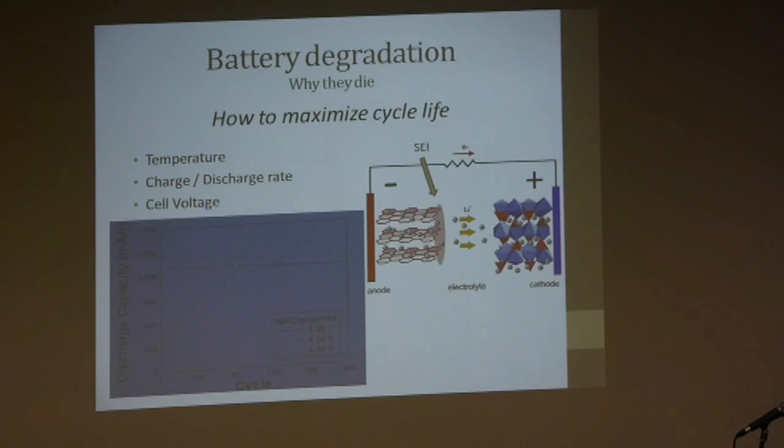Let me see what else is there. Yeah, so to conclude, if you want your lithium-ion batteries to last long, keep the temperature between 10 and 55 as much as possible. If they're colder or warmer, let them first get into that range before you use them.